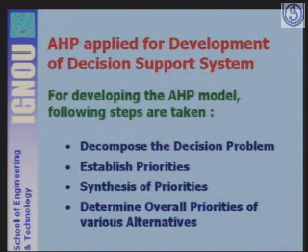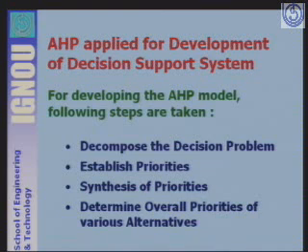First is decomposing the decision problem. As you know by the name, AHP is the analytical hierarchy process. In the first graphic where I showed you A, B, C as the criteria and 1 and 2 as the alternatives, this is nothing but a hierarchy, where at the top there is the goal, the objective of the problem, where we have to make a decision.